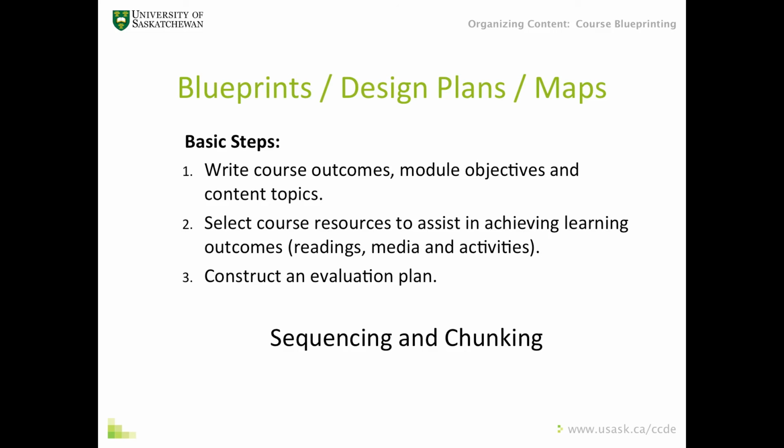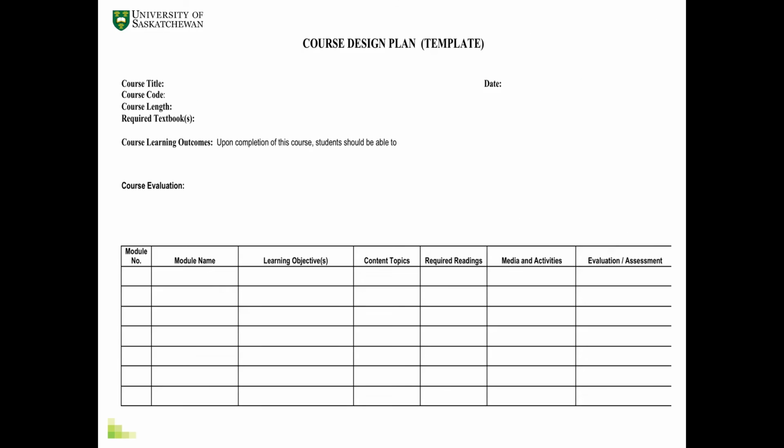So the processes that we're going to use there are sequencing and chunking. And those are the two processes that we'll see in a little bit more detail in the next two videos later on. But for now, let's have a look at the course design plan itself.